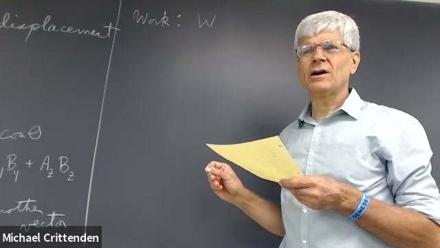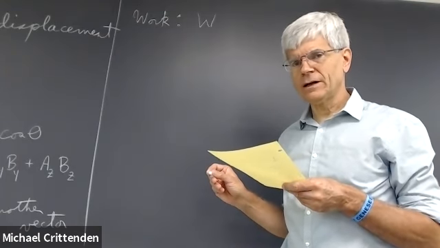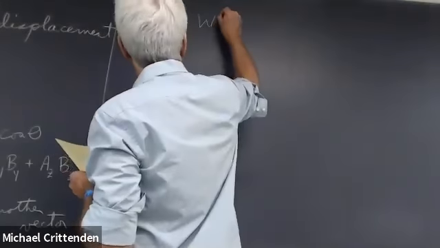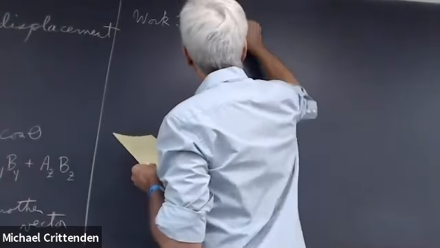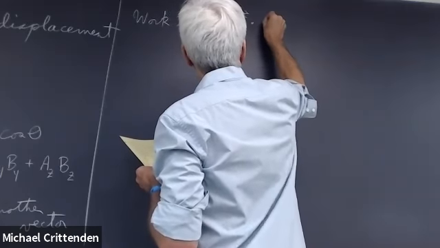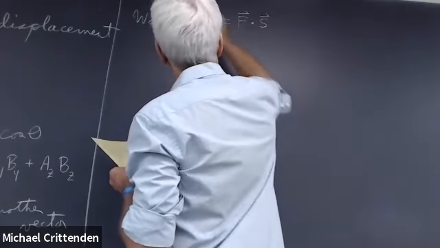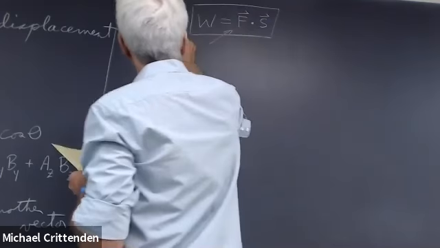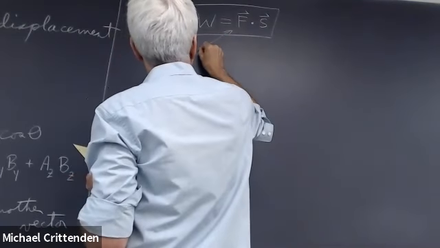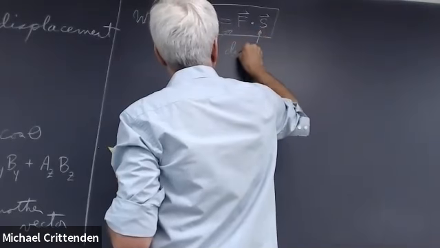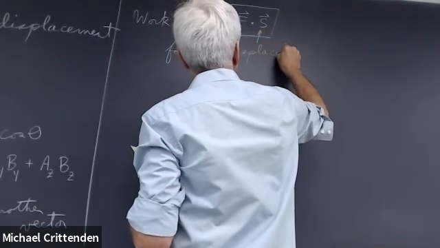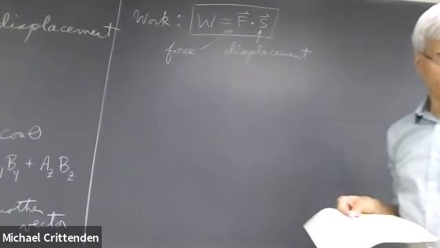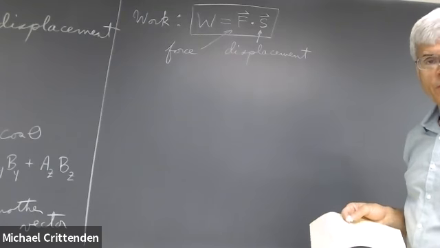From here on out, I'm going to try and use mg for weight, so I don't have 2 different W's floating around right next to each other. Work is the force vector dotted with the displacement vector.